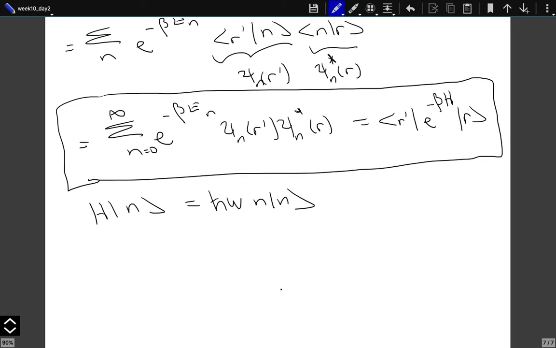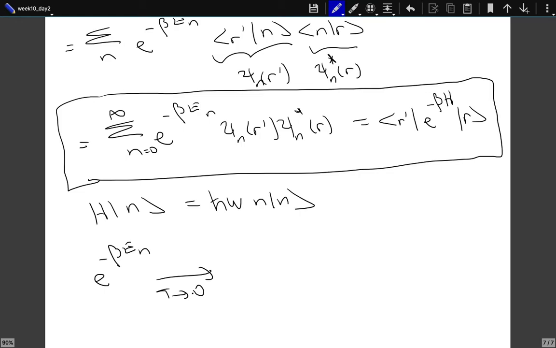Now, what happens to e to power minus beta En as beta goes to 0? Sorry, t goes to 0. Remember, beta is 1 over t. So as t goes to 0, beta goes to infinity.